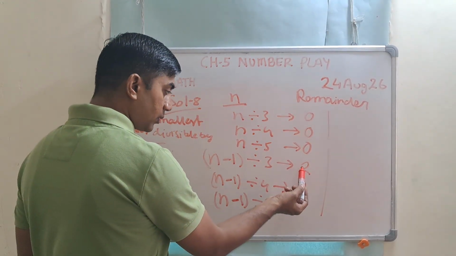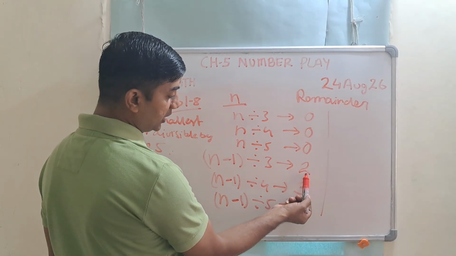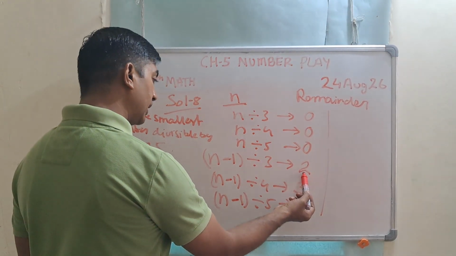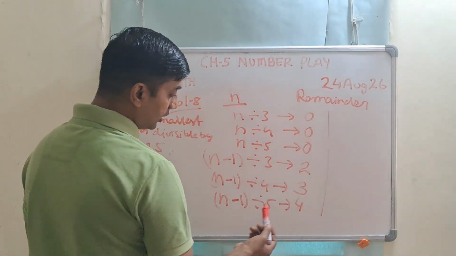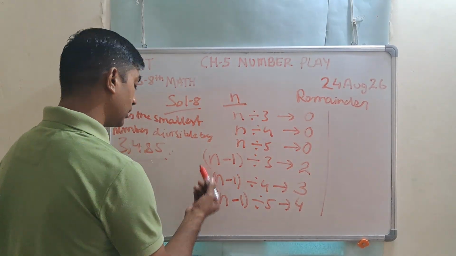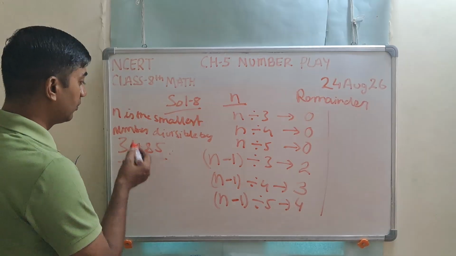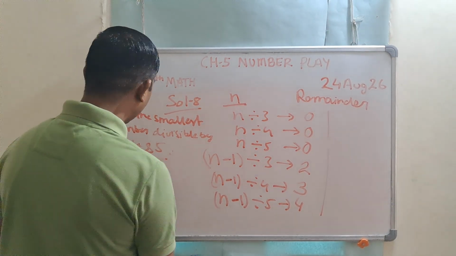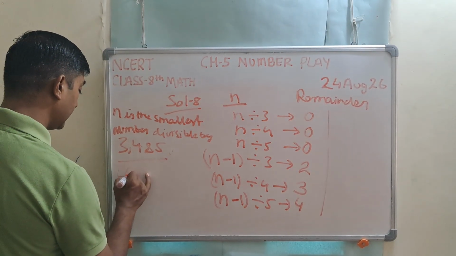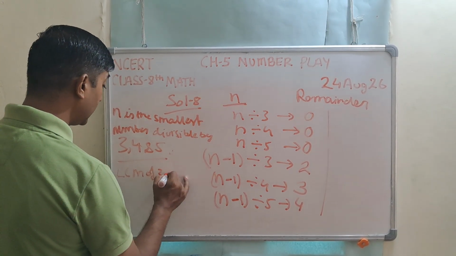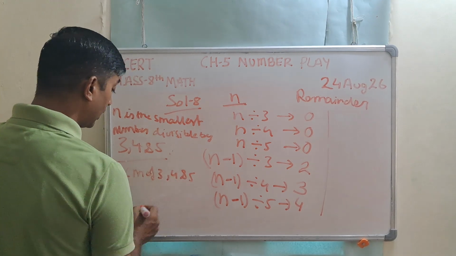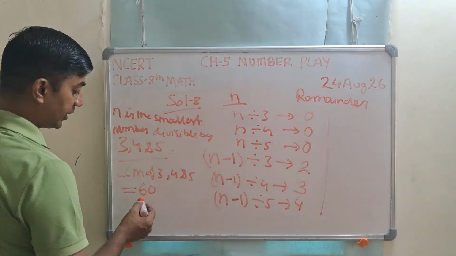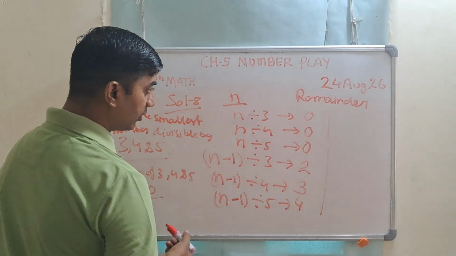Because when you add 1, it is complete for the divisibility of 3, and likewise for the others. So we have to find the smallest number divisible by 3, 4 and 5, and that is the LCM of 3, 4 and 5. When you find the LCM, that is 60. Understood? And when you put this 60 in this expression, we will get the result.